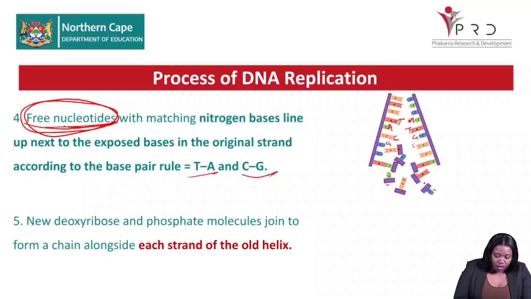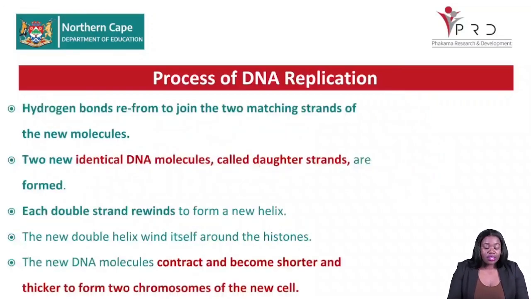So now the new deoxyribose and the phosphate molecules join to form a chain alongside each of the strands of the old helix. So now the sugar and the phosphate will be joining together with these nitrogenous bases that are forming complementary base pairs with the old nitrogenous bases, and now we are going to start seeing the formation of the new DNA molecule, right?